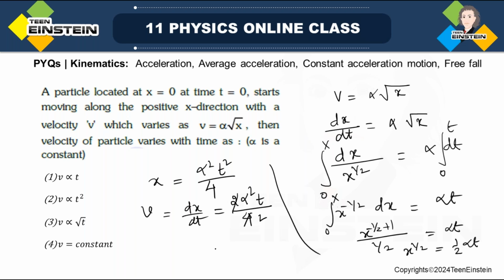So this will cancel, so v will be equal to alpha square t by 2. That means v varies as t. So velocity is actually linearly varying with time, even though the velocity is varying with displacement as this. Okay, so first option will be the correct answer for this question.